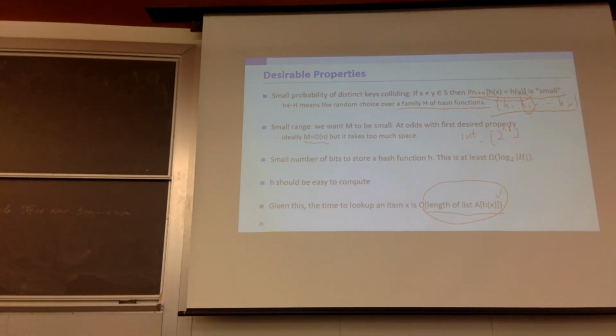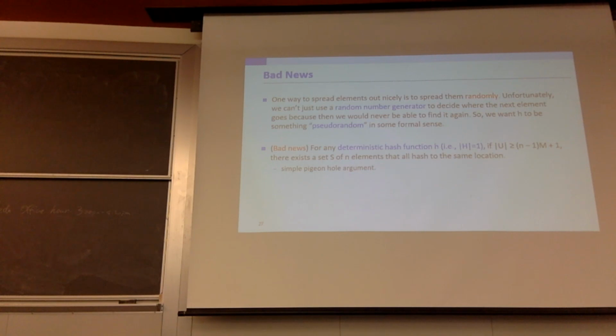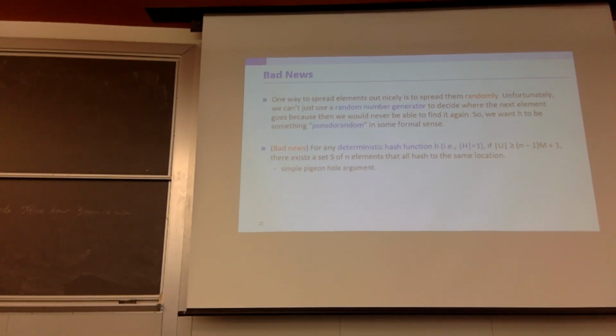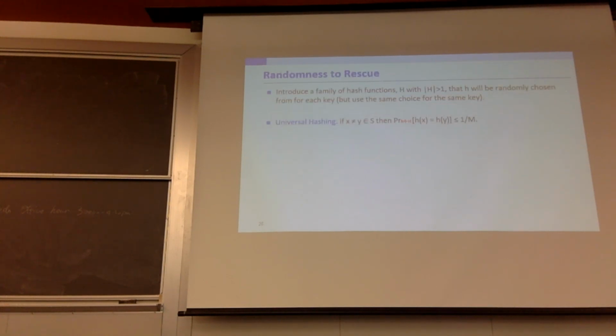Let's see an example here. We've already talked about the pigeonhole principle in the last lecture, but I'll come back to it a little later. Basically, let's define a family of hash functions like this.